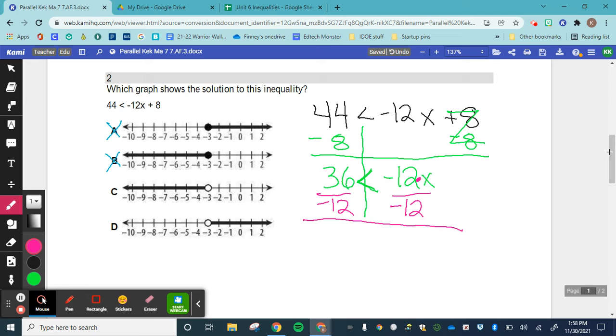On this side, when I simplify, 36 divided by negative 12 is negative 3. On this side, negative 12 divided by negative 12 is 1. But I don't need the 1 in front of the x, so I just bring my x down.